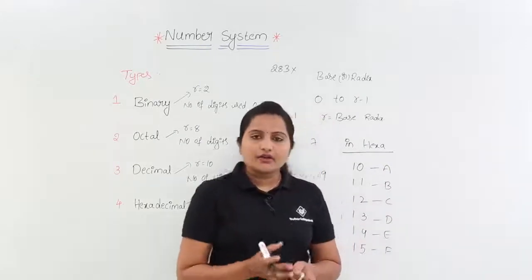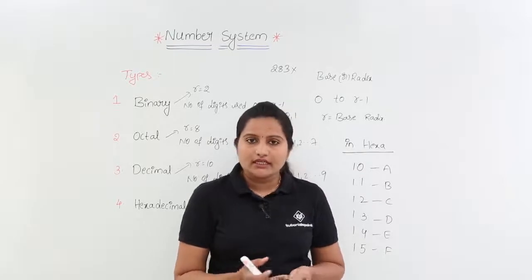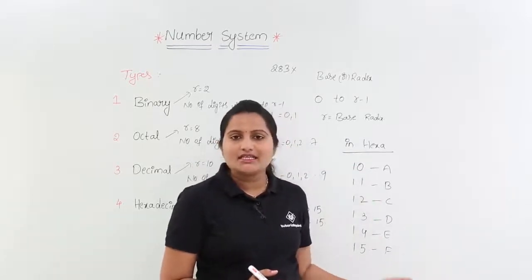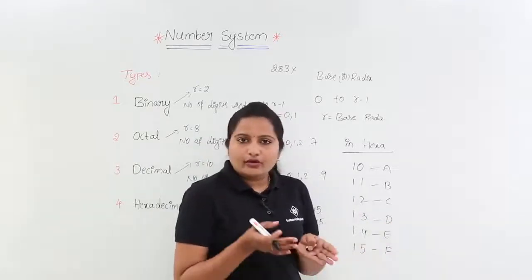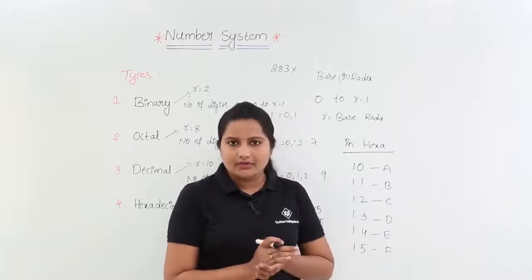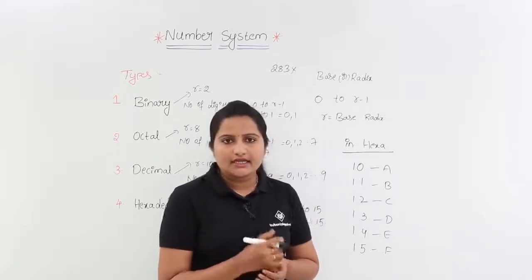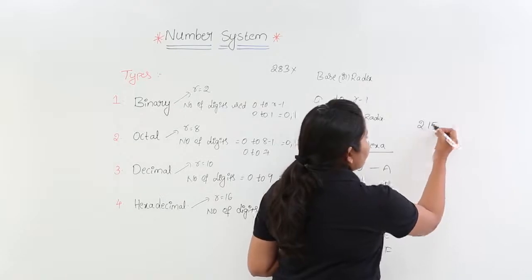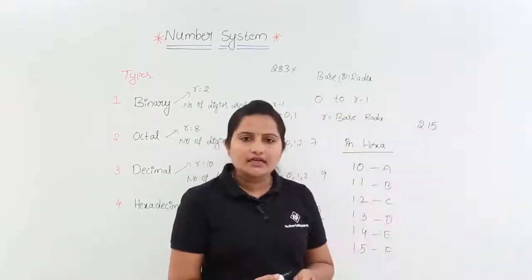So why is this coding required? This is also a very important interview question for many technical interviews. Why coding in hexadecimal is required: for example, your friend wants to send hexadecimal data, a 2-digit hexadecimal number like 2 and 15. After receiving this data, how will you understand?